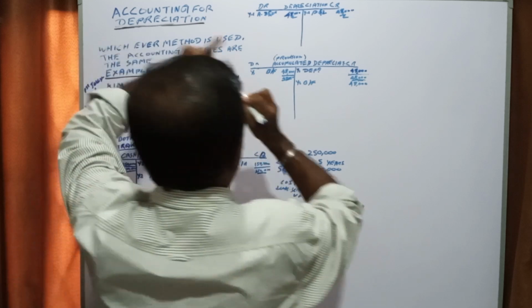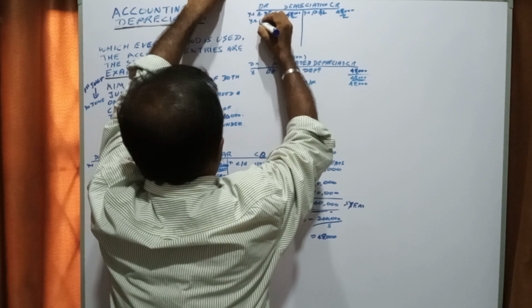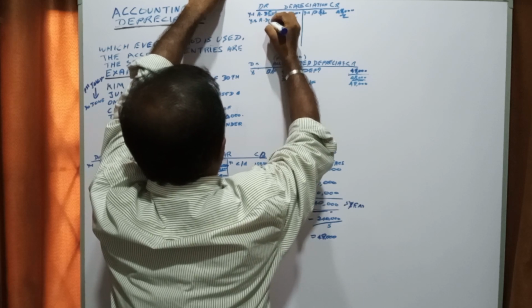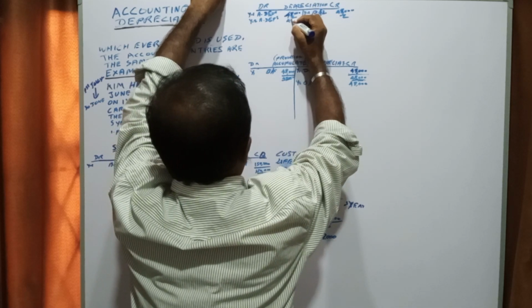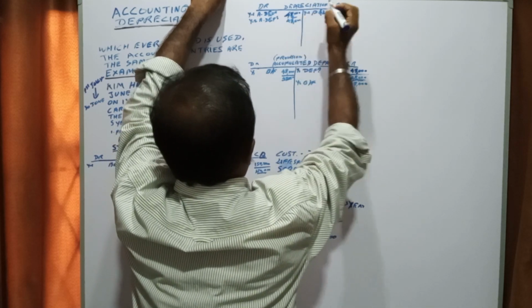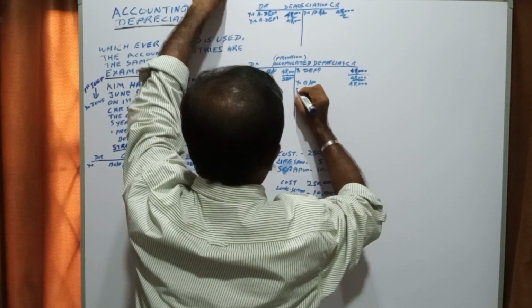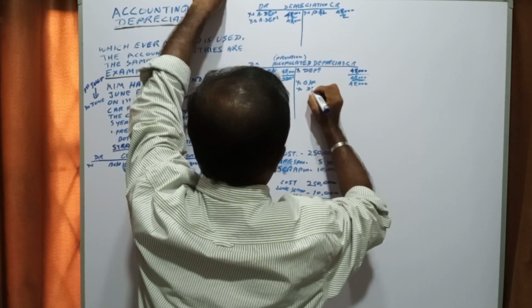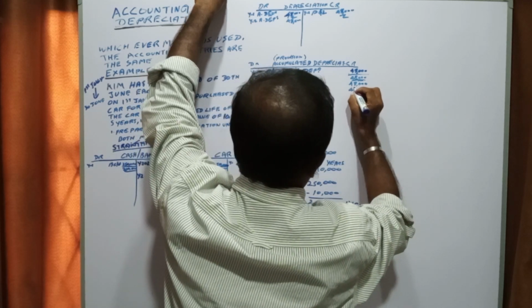We are charging the depreciation. Year 2 accumulated depreciation 48,000. Accumulated depreciation year 2, depreciation 48,000.